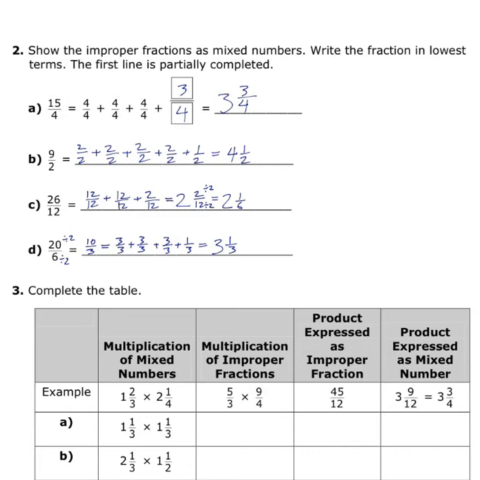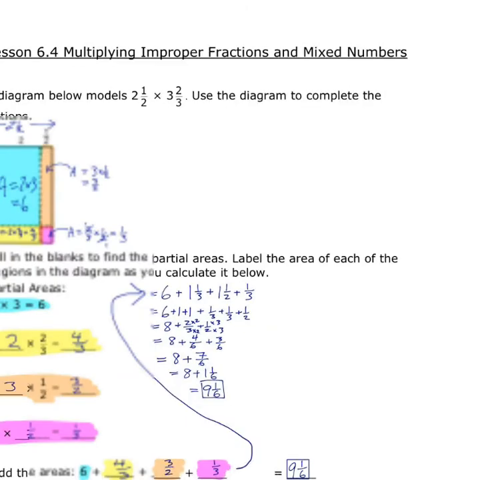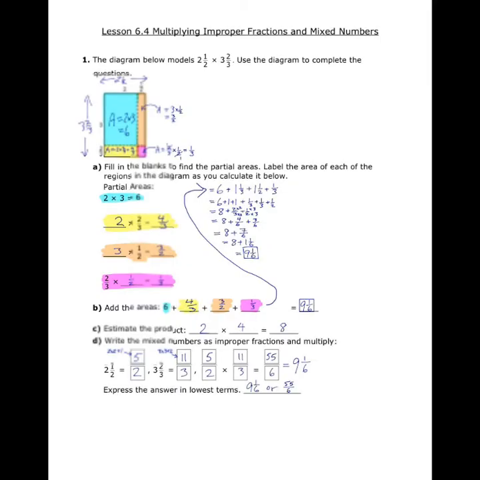The whole reason that we're getting some practice with this is because when you're going to do your multiplication, you don't want to have to draw a diagram like we did here and have to do partial areas and then add them all up to get our final answer.